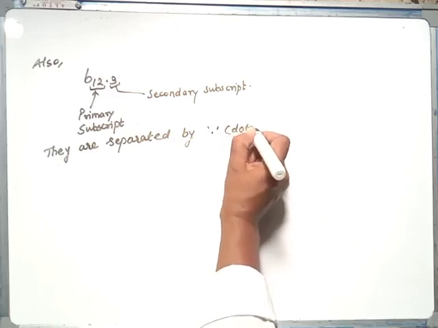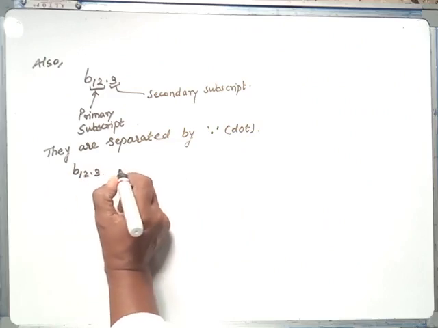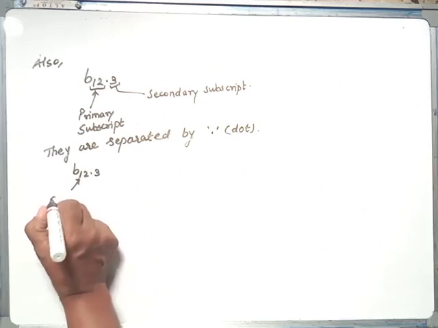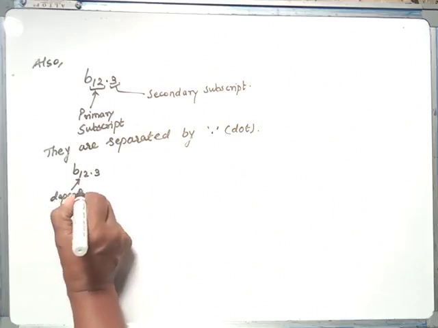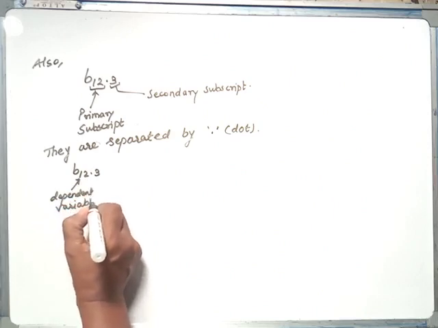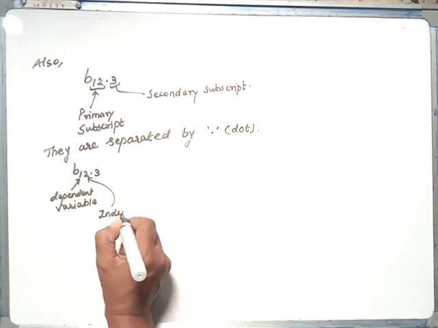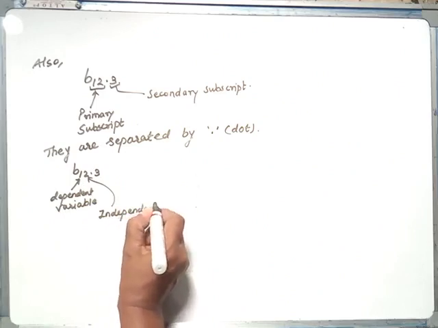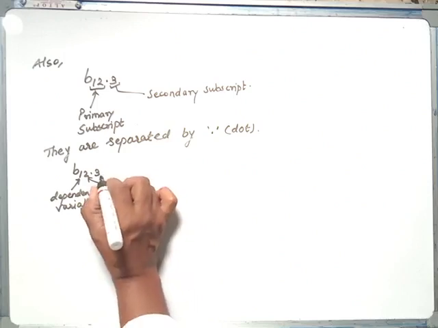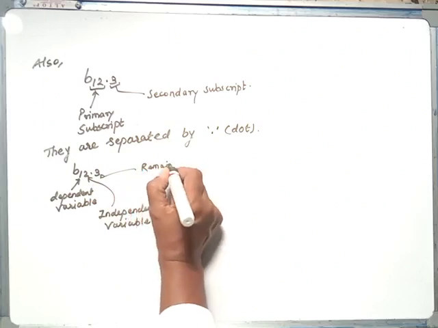Now again in b12.3, this 1 is the dependent variable. This 2 is the independent variable. And this 3 is the remaining independent variable in that equation.